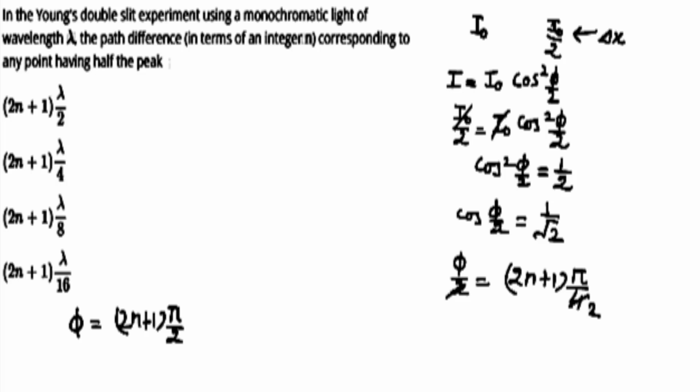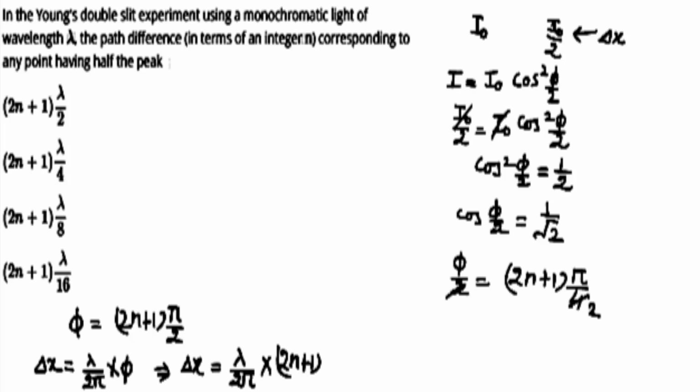But we need to calculate the path difference. How is path difference related with phi? Delta x is equal to lambda by 2 pi into phase difference phi. So what will be delta x here? Delta x is equal to lambda by 2 pi into 2n plus 1 pi by 2.